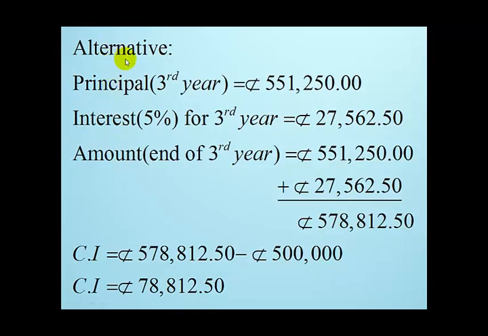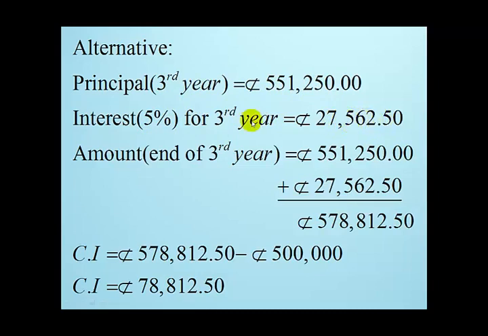Now let's look at the alternative approach of solving the same problem. Don't forget that from our calculation, the principal we had for the third year was 551,250 cedis. And the 5% interest for the third year gave us 27,562 cedis, 50 pesewas.